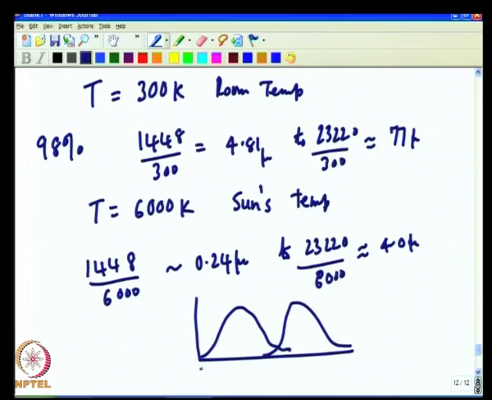The sun's radiation lies between 0.24 and 4, while this is somewhere between 4.8 and 77. So, the radiation emitted by the sun and a body at room temperature do not have much overlap.